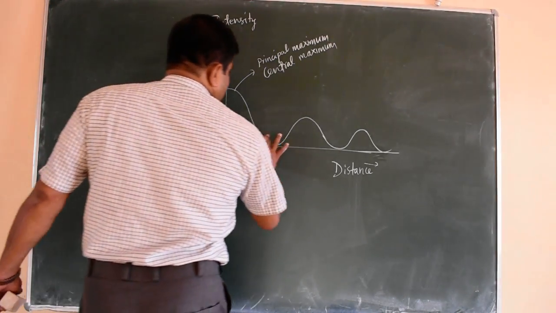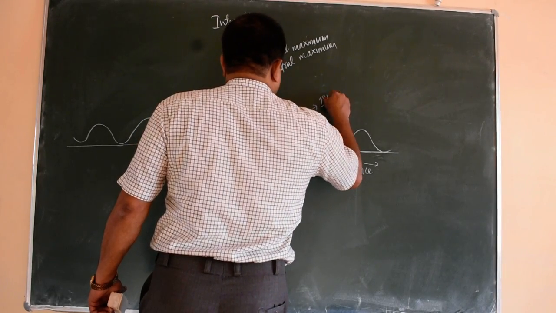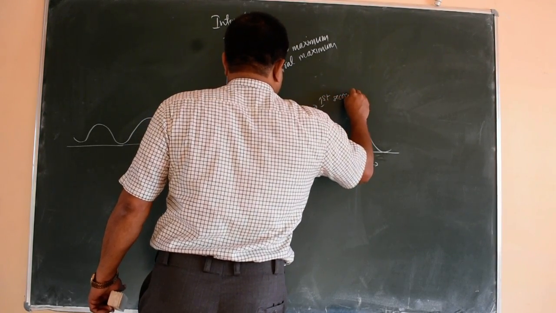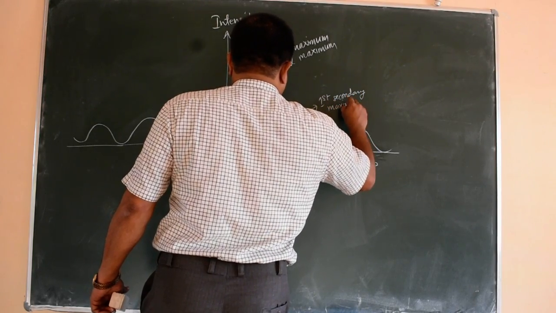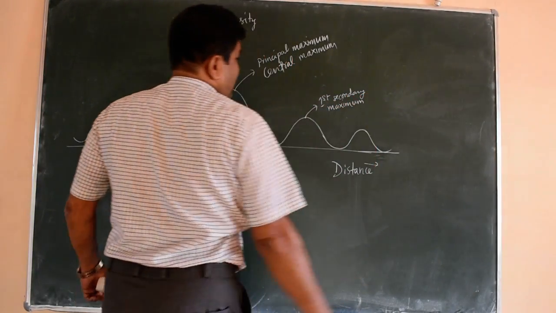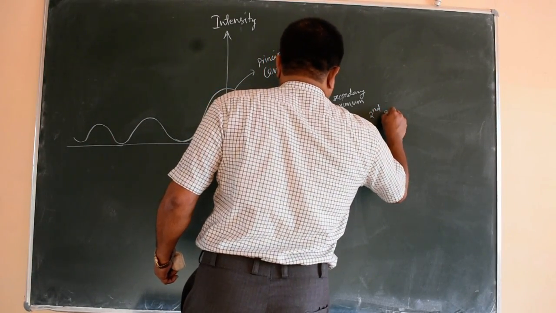Now these are all secondary maxima. This is the first secondary maximum, which I have shown and labeled in the graph, and this is the second secondary maximum.